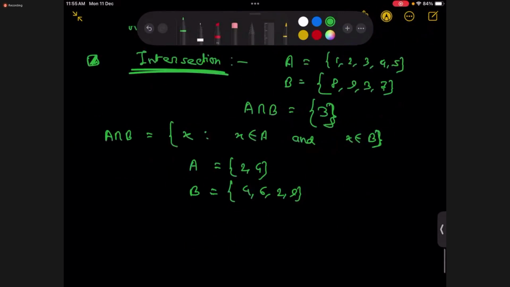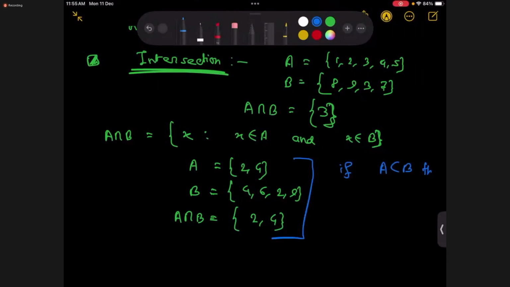A intersection B is nothing but 2, 4. And by this it is clear that if A is a subset of B, then A intersection B equals the set A.